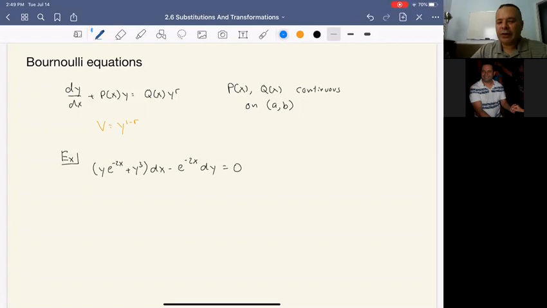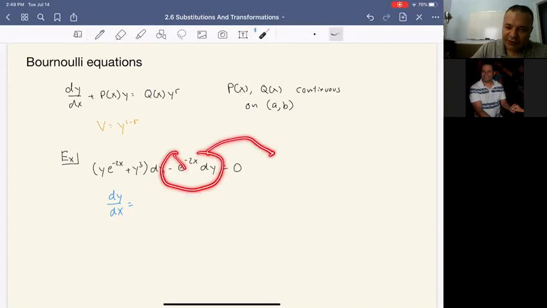First thing we're going to do, we're going to get it into the right form. So dy/dx, doing a little bit of algebra. I'm going to move this over to the other side, and then divide by that.